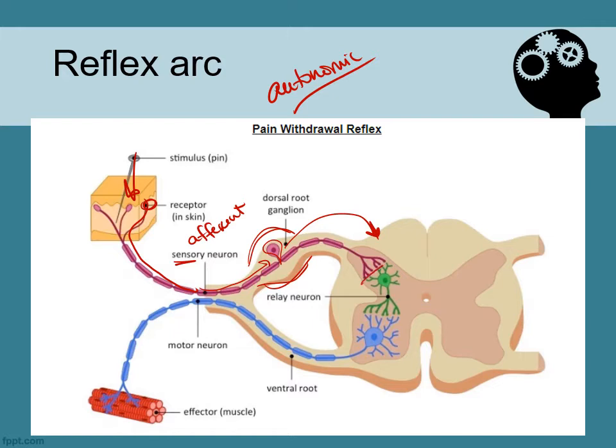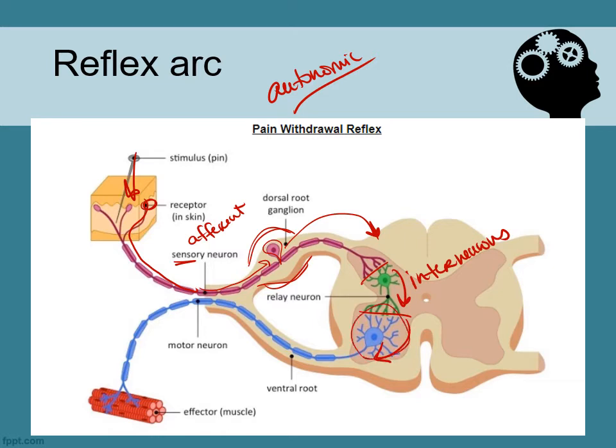In the spinal cord, we have these super short relay neurons. Sometimes they're also called interneurons. So that signal is going to come from the sensory organ, those mechanoreceptors in the skin, through that sensory neuron to the interneuron. The interneuron is going to process what needs to be done and send a signal to the motor neuron.